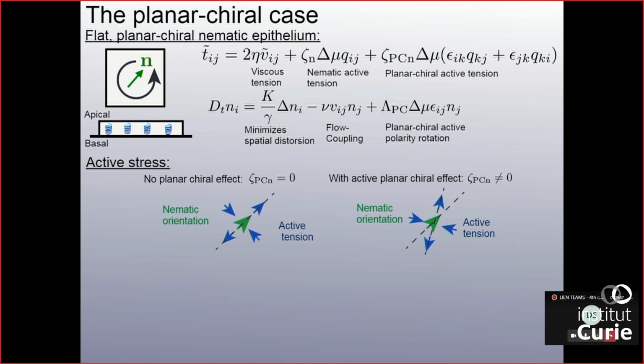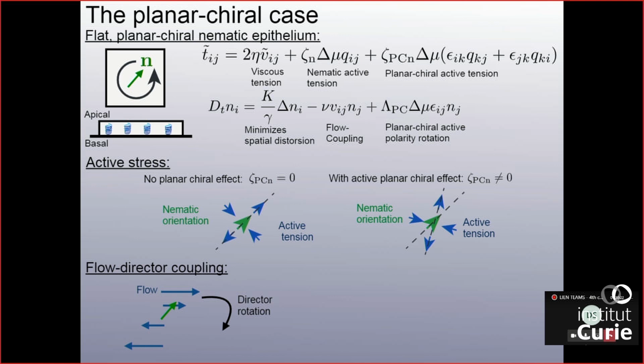Okay, and I can also write an equation which I have not talked about too much, but which is going to tell me what the axis of elongation of the system is. And there are several terms. This one minimizes the spatial distortion, the distortion energy. There is also a general term that couples the flow and the director, which says that if I have a flow in the system, the nematic orientation can change.